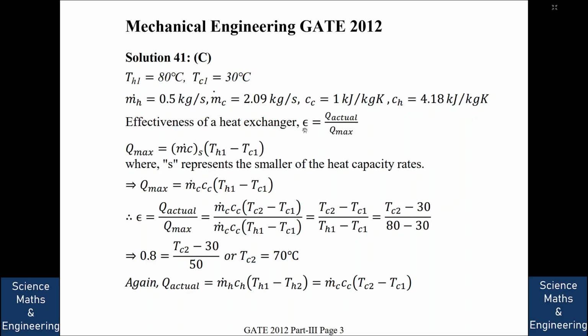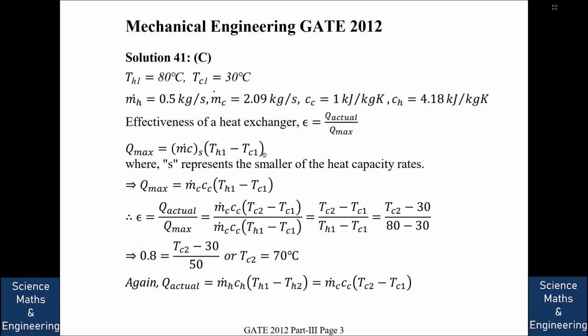Now effectiveness is given as Q actual divided by Q max. So Q max is equal to m dot c, that is mass flow rate into the specific heat, whichever has the smaller heat capacity that we take, and then we have Th1 minus Tc1.